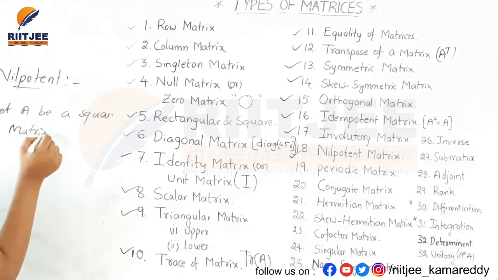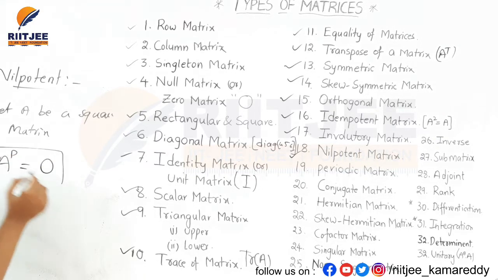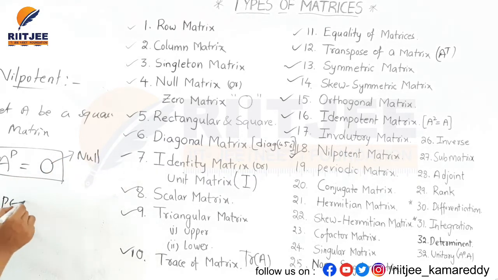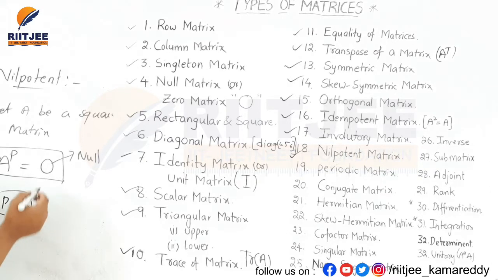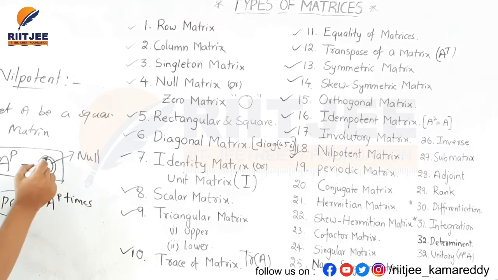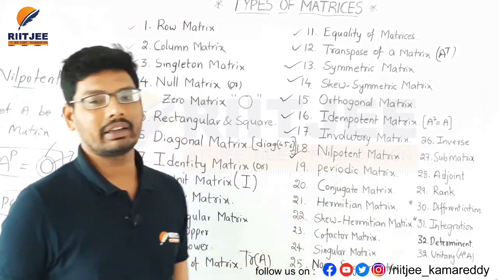If you multiply a matrix p times, it gives O, where O is the null matrix and p belongs to the natural numbers. That is, A to the power of p is equal to O. If you multiply a matrix p times and get the null matrix as the answer, then those types of matrices are called nilpotent matrix.